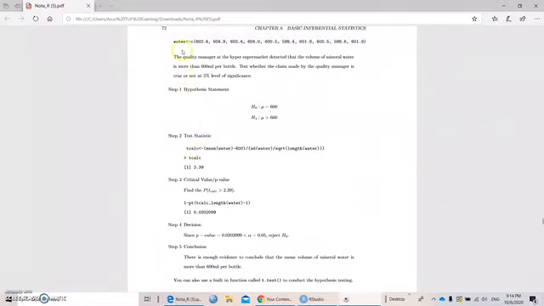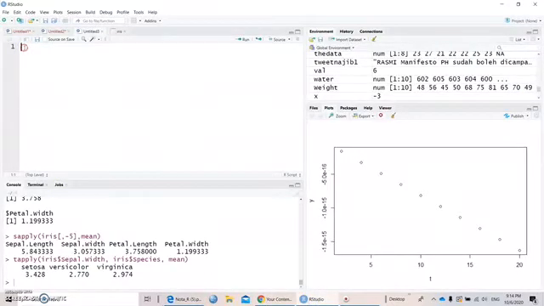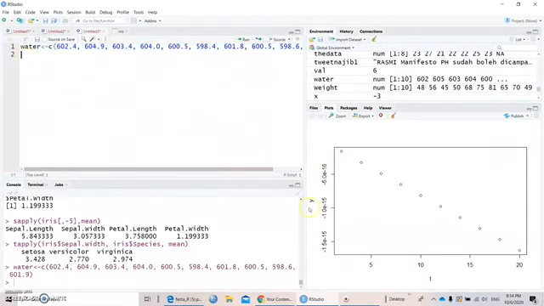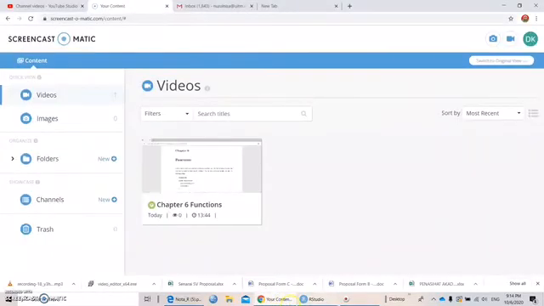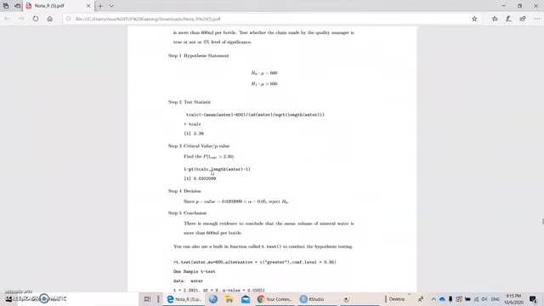Let's copy the data first. The data is in vector form, so there are 10 observations. Run. Then we want to compute the test statistic.